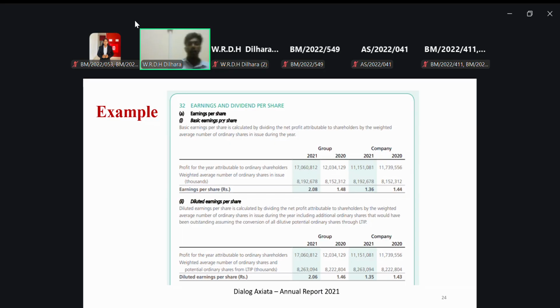If not, you can't. I'm just asking what is the reason the basic earning per share is higher than the diluted earning per share. When you are listening to this session from the beginning, you can answer this question, no?